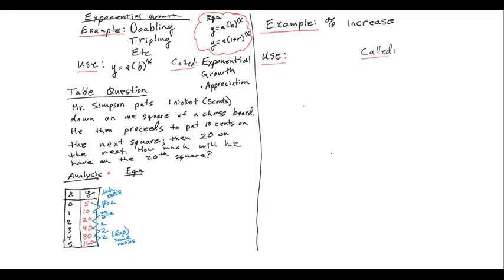Anytime we're doing an analysis using a table like this, and we find out that our information is doubling, i.e. the ratio is 2, we will always start with this equation. Y is equal to ab to the x.